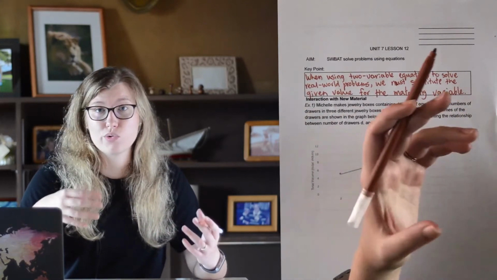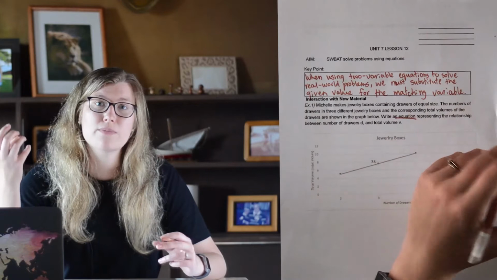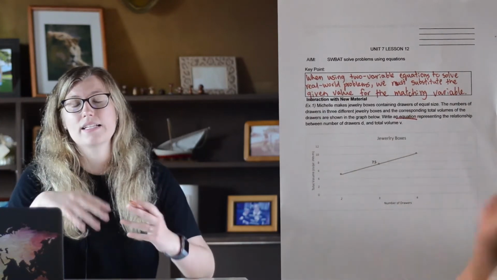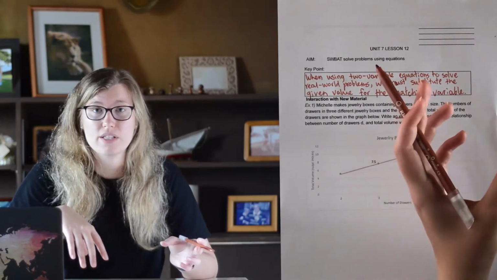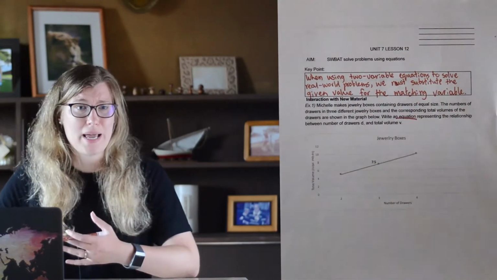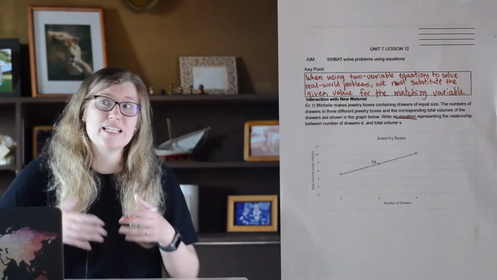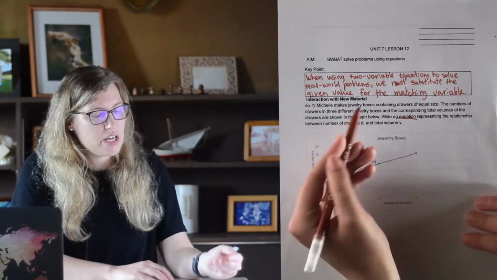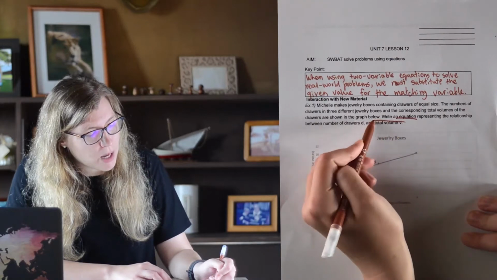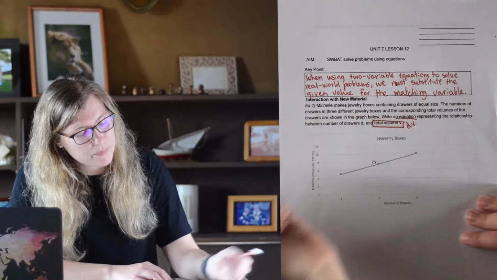Do my number of drawers depend on what volume I have? Or does my volume, the inside, depend on how many drawers I have? Well, if I have more drawers, I'm going to have more space inside, right? So my volume, my inside, depends on how many drawers I have. So my total volume, I'm going to box that, is going to be my dependent variable.